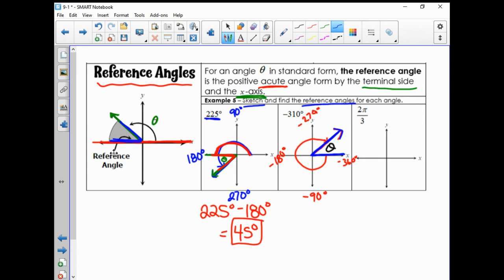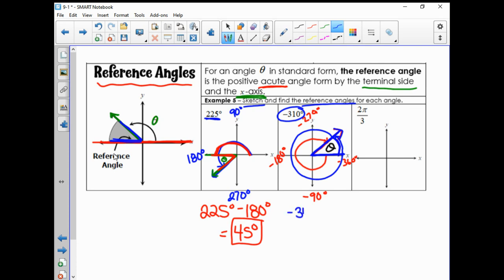So there's a couple of things that you could do to find this. I would just say, if this was negative, to find this angle right here, we could just add 360. We could just go around 360 from our angle right here, and that will give me just this measure right here.